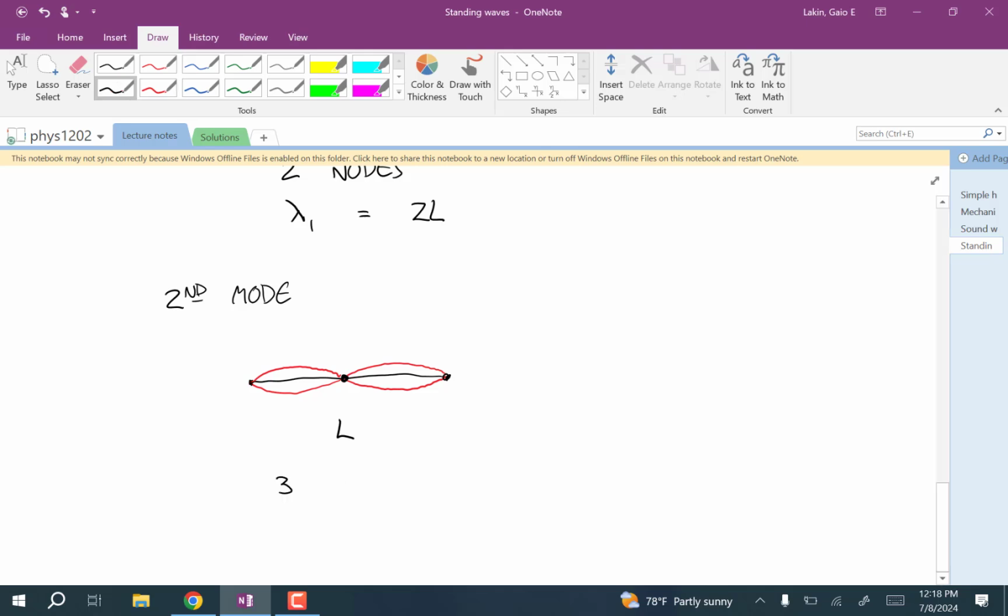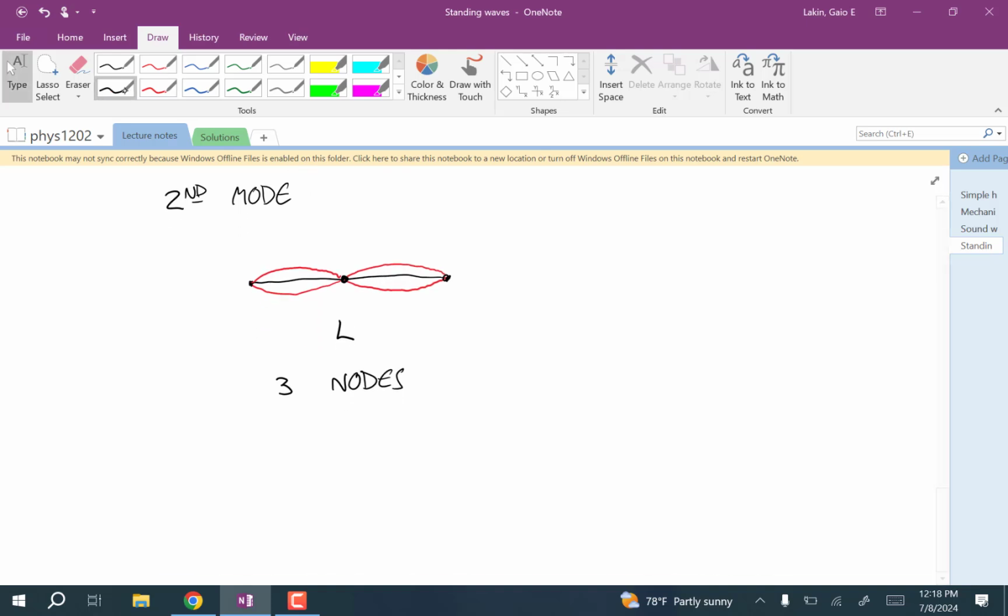So this is 3 nodes. And you can see here that if you think of this as a sine curve, there's exactly 1 full wave in that length L. And so in this case, the wavelength for the second mode is just equal to L.